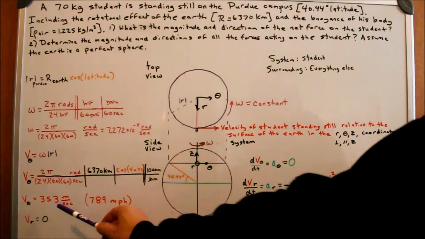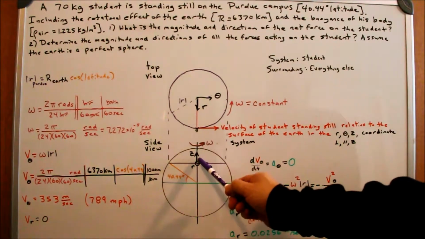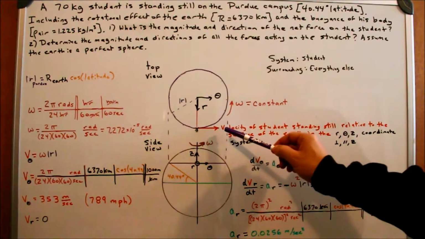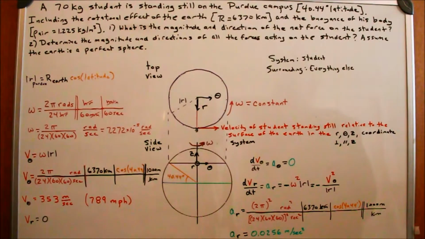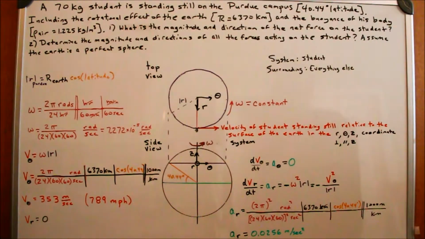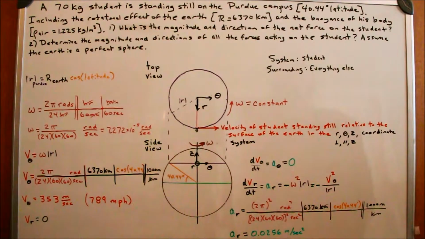It turns out that when you're standing still relative to the surface of the Earth at this latitude, relative to the coordinate system of the center of the Earth, you're going at 353 meters per second, which is approximately 789 miles per hour.